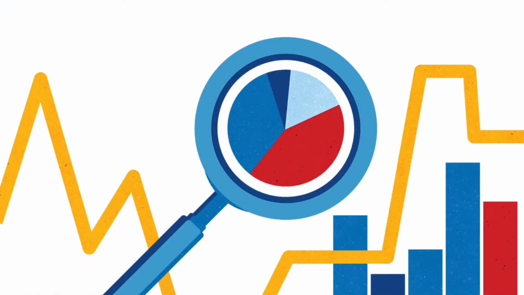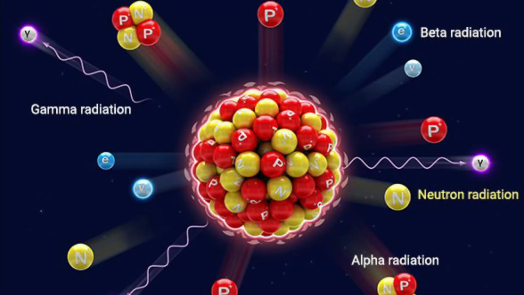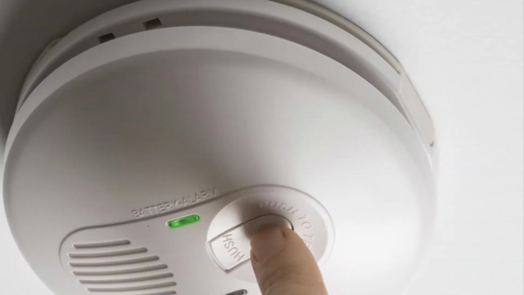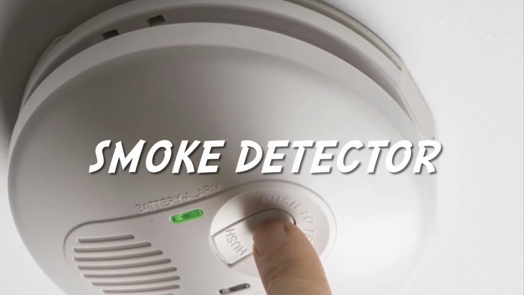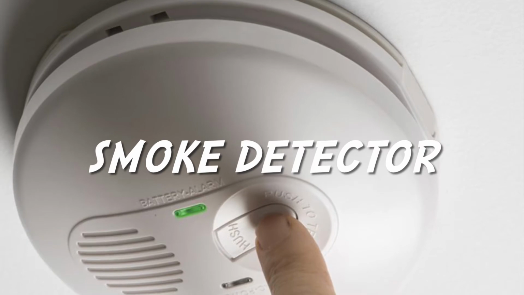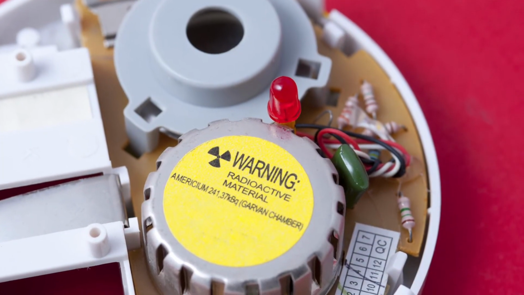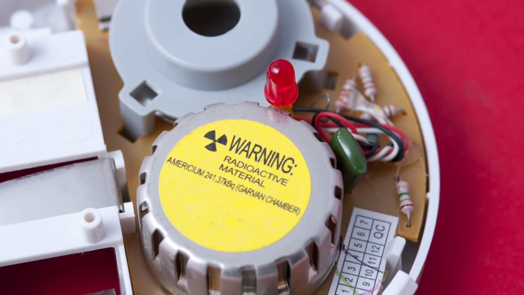Careful analysis can identify and quantify the radioactive material in just about anything and show that radioactivity is more than its negative connotation. One life-saving application of radioactivity that I'm sure is in every one of your homes is the smoke detector. In its circuitry, contained is a low-activity americium-241 source.